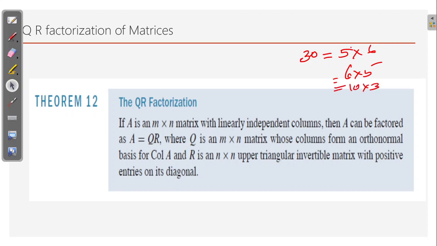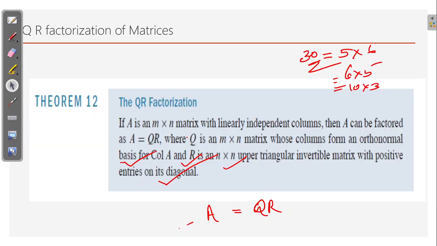Similarly we can factorize this matrix A also: A equal to Q into R. This is known as the QR factorization, where Q is an m by n matrix whose columns form an orthonormal basis for column space A, and R is an n by n upper triangular invertible matrix with positive entries on its diagonal. Yes, this is the QR factorization method.